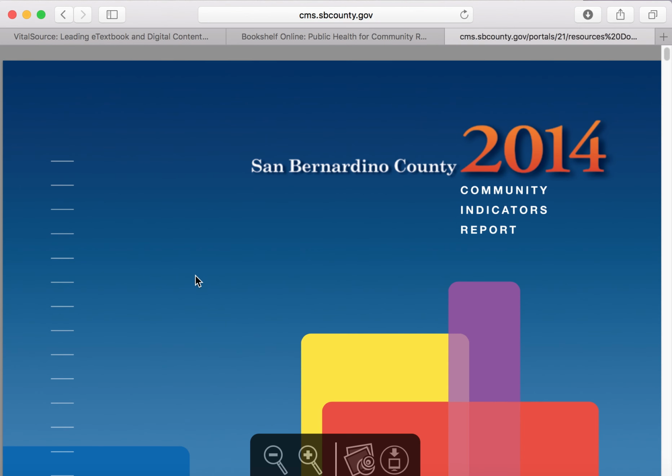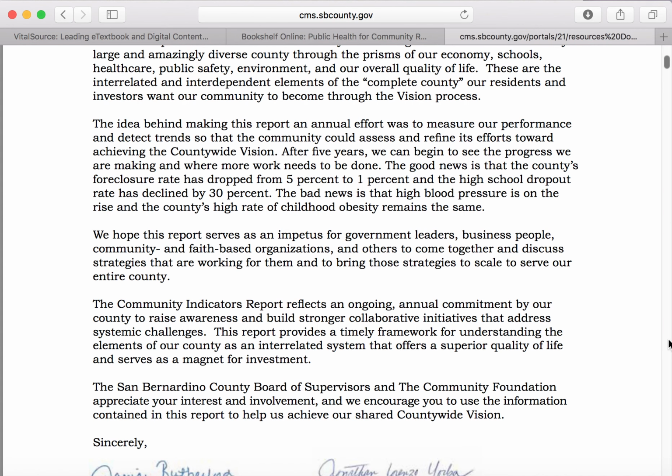And so these really are the who, when, and where kind of information. In this particular example, this is telling us the where and the when as a general topic of the entire report. So the main thing that they're going to be telling us in this community indicators report is the who. So tell us about San Bernardino County in 2014.